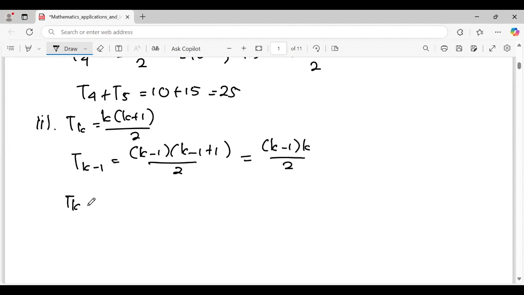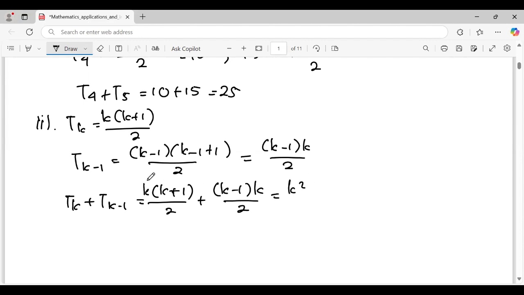So Tk plus Tk minus 1 is k times (k plus 1) over 2 plus (k minus 1) times k over 2.